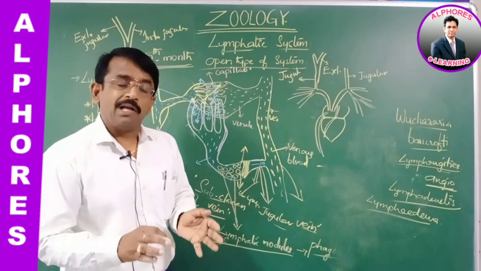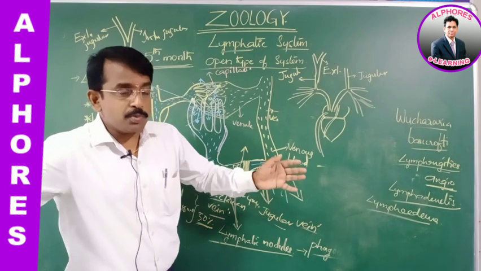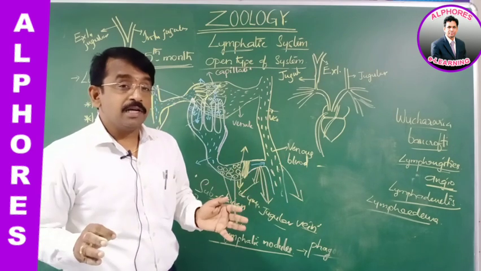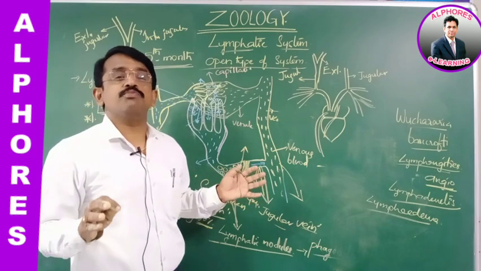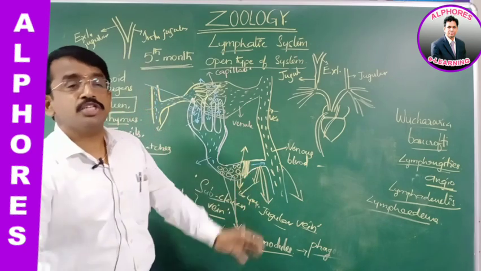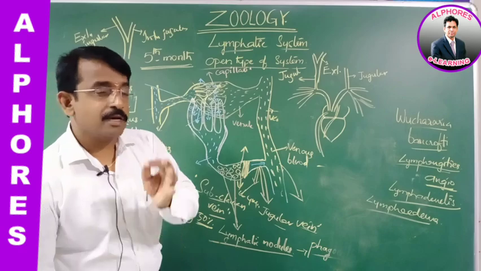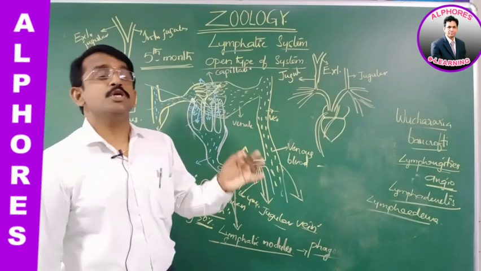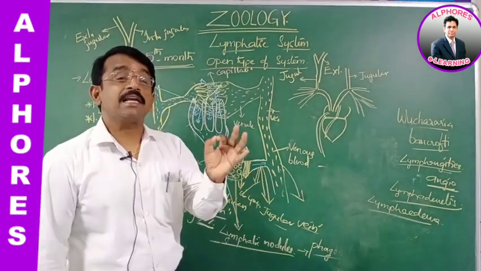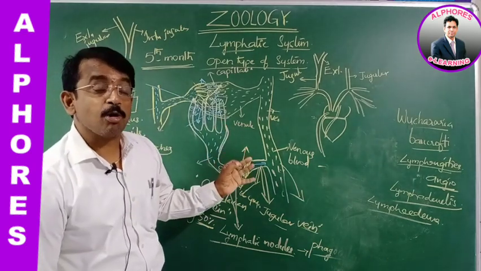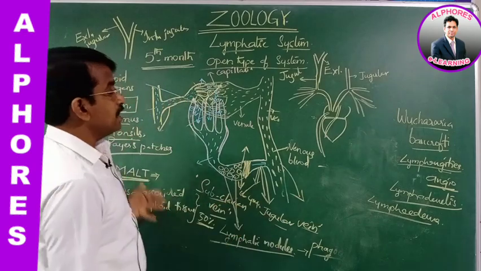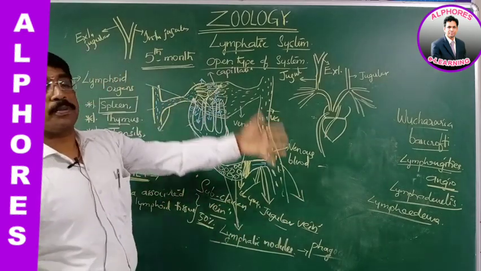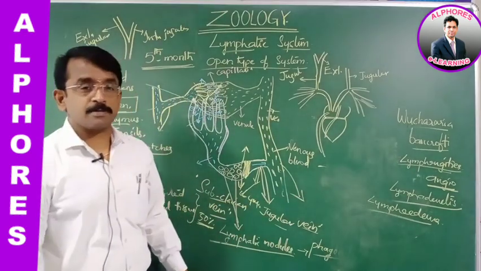Two, the accumulation of fluid causes swelling, and the sweat glands disintegrate and the skin becomes dry. Such a condition is named elephantiasis. That is, the legs appear like those of an elephant, so it is elephantiasis. That is also something we discuss.